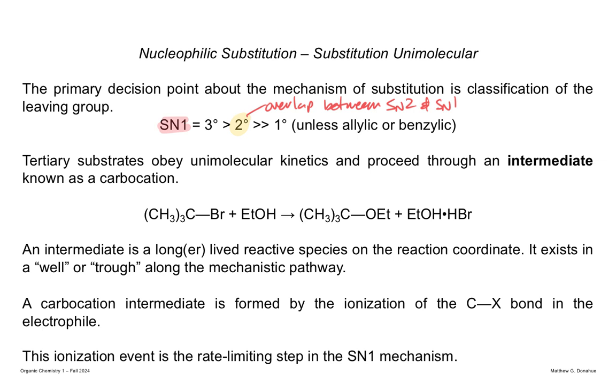So the reaction that we'll look at for SN1 is this molecule called tert-butyl bromide. And so it's a tertiary alkyl halide. And so ethanol is the solvent. And then notice the substitution that has occurred is bromine for O-ethyl.